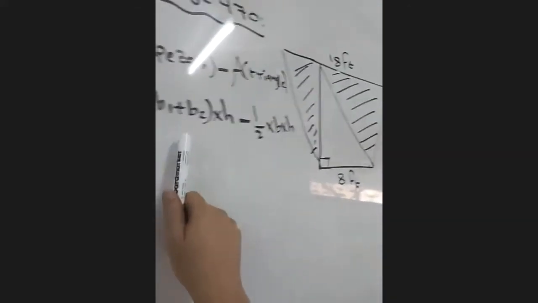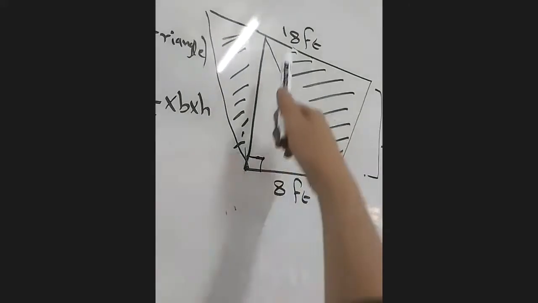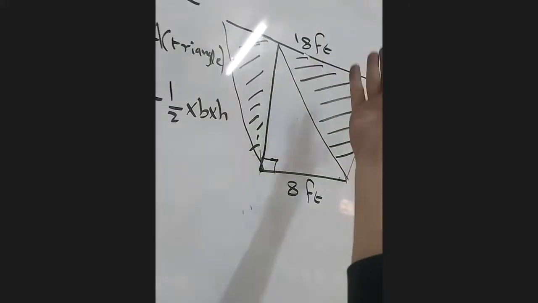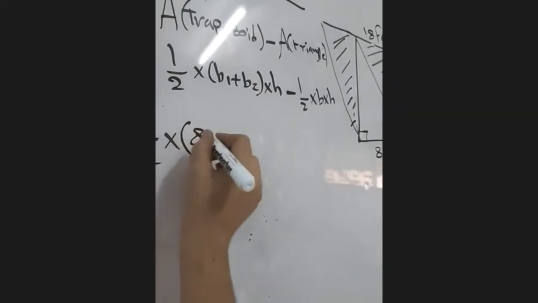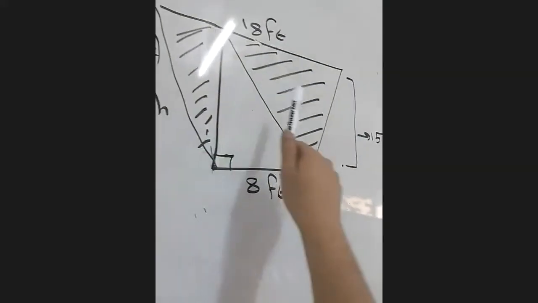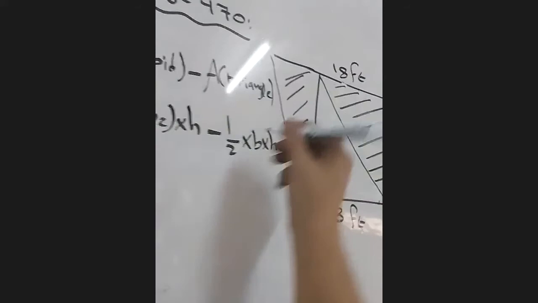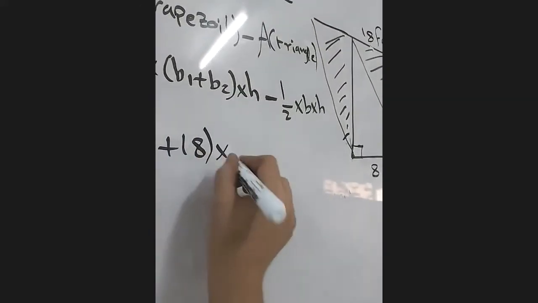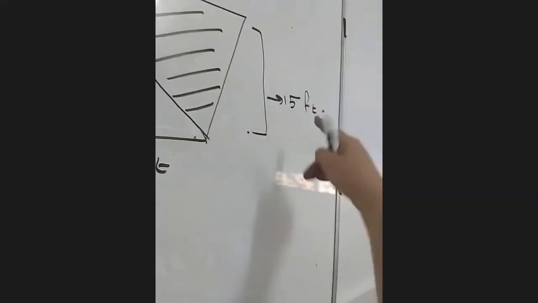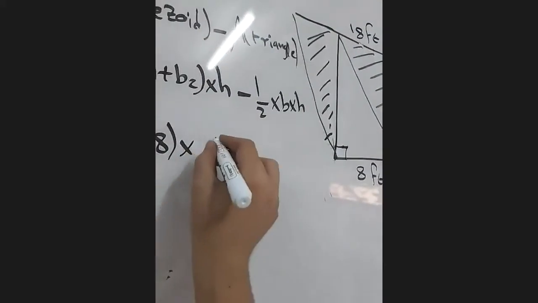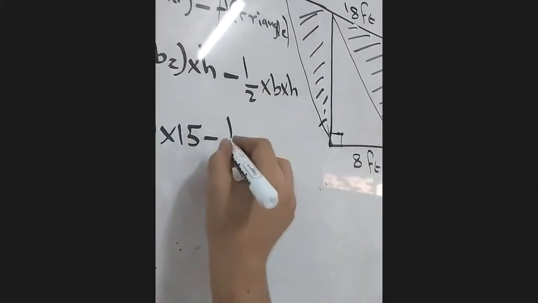How much is B1? B1 can be 8 or can be 18, I don't care, so I'll make it 8. B2, the base number 2, is what? 18. Multiply. The height of the trapezoid is how much? 15. Excellent.